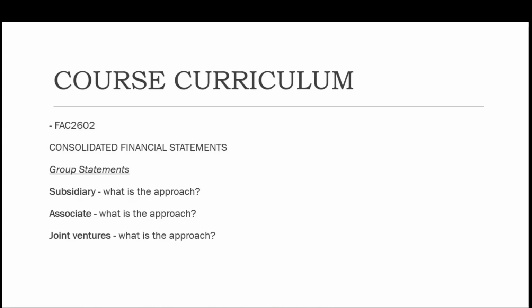So on 2602, we're going to be learning about what? Because these days companies don't exist on their own. For example, Standard Bank owns Liberty. Liberty also owns other companies. Those other companies also own other companies. And then they form one entity, right? Because they form one entity, the standard says that you must prepare what?